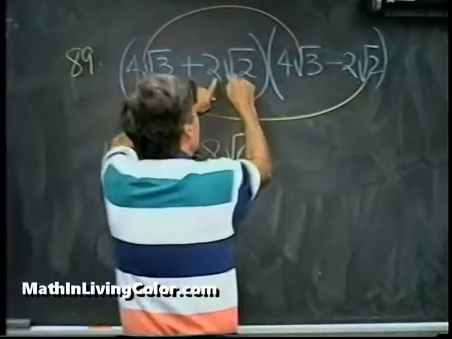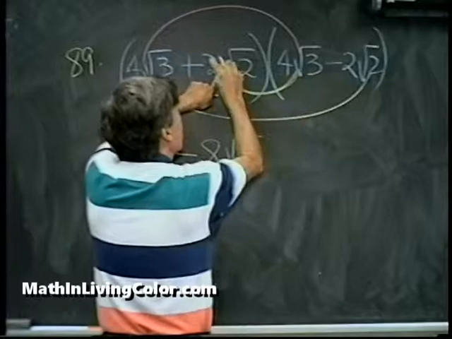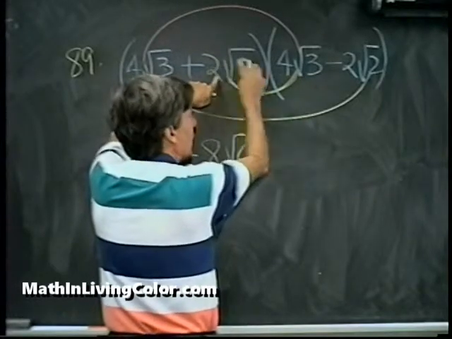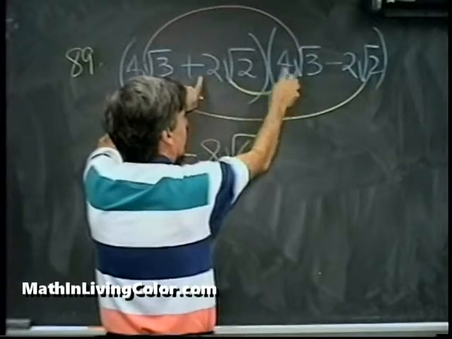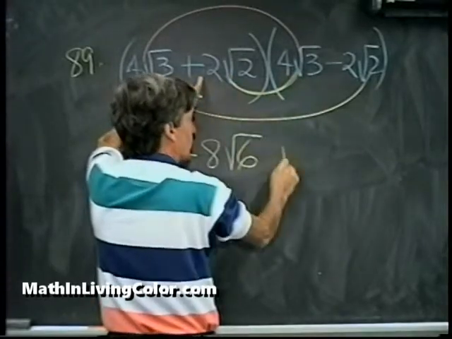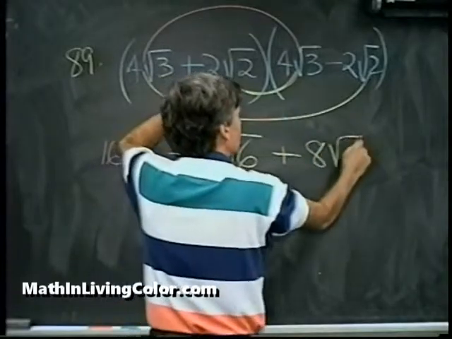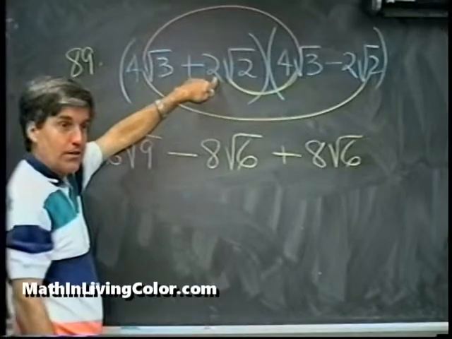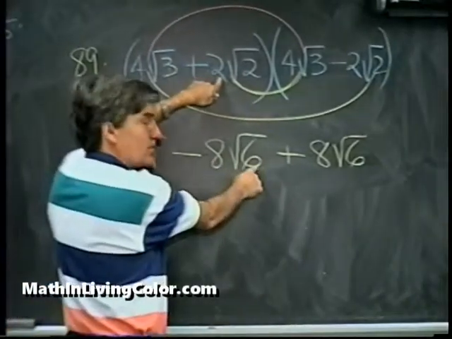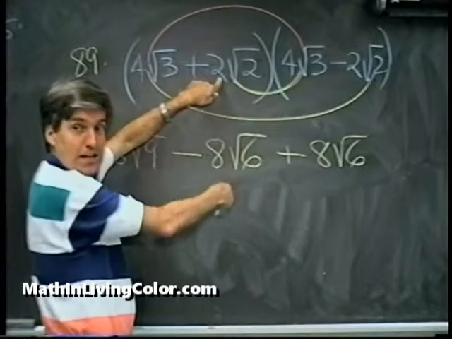And then the inner times inner would be 2 times 4, which is 8, now by the way, what sign? Positive times positive would be positive. 8 radical 6. You know something about that? Negative 8 radical 6, positive 8 radical 6 subtracts out, doesn't it?